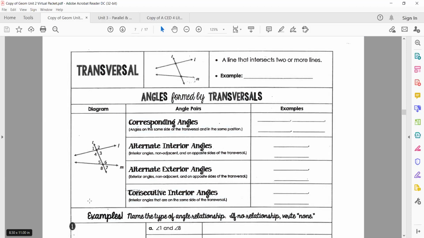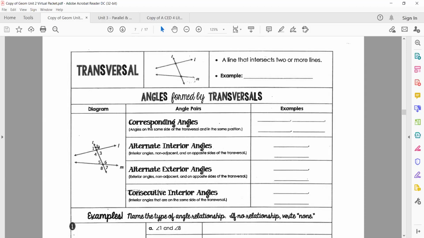There are a total of 4 pairs here. You can see they're looking for 4 examples. All of these always come in pairs: corresponding, alternate interior, alternate exterior, consecutive interior. It's always pairs of angles.